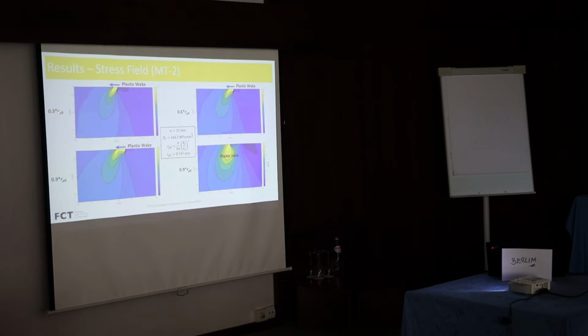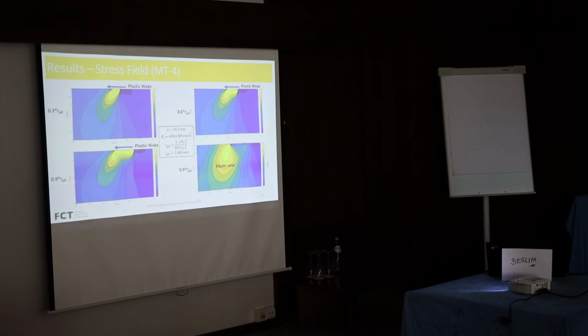When we apply 30% of this value, 60% of this value, and 90% of this value, we can see that the plastic wake increases with the percentage of the plastic radius, as expected. We perform the same analysis for the MT4, and of course the plastic wake increases because the initial crack length is higher compared with the specimen MT2.